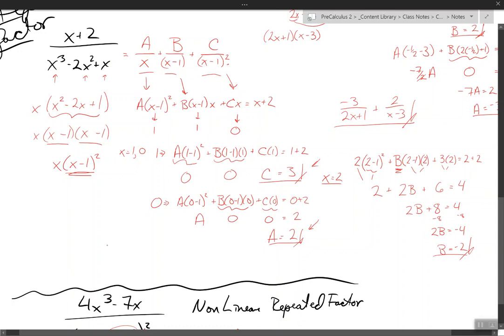We do always want to write our values that we found over the parts of the denominators. That's how we finish this problem. So we have 2, negative 2, and 3. And that is what our fraction breaks down to be.